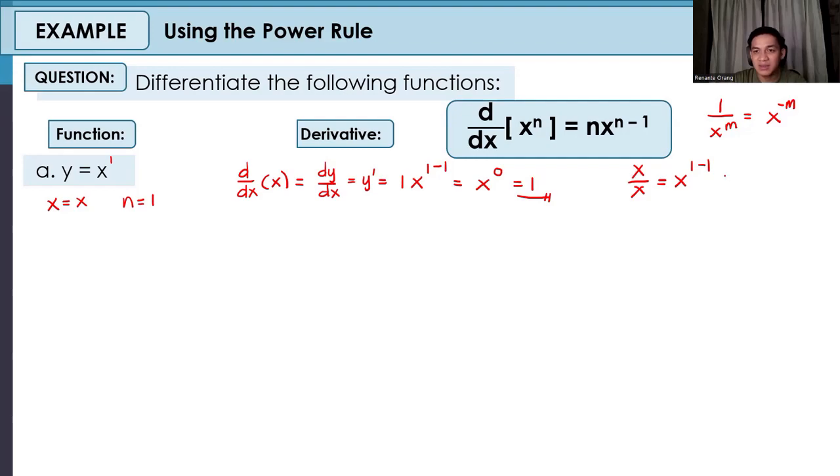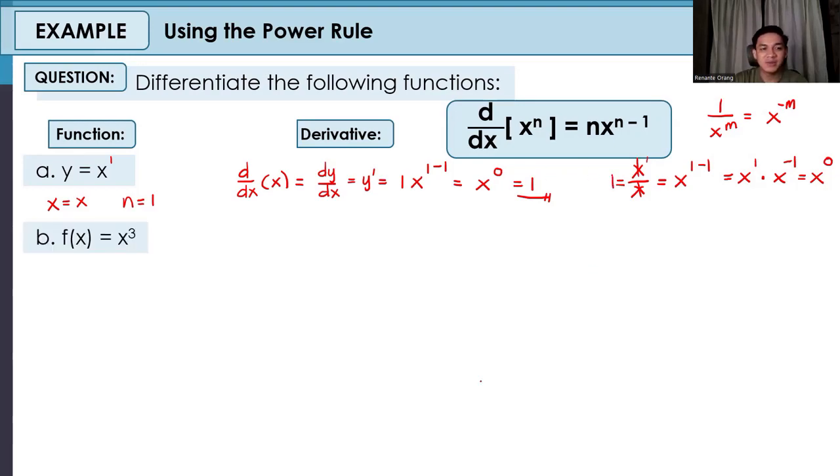So, ibig sabihin ito, x raised to 1, then ito lipat natin sa itaas, magiging multiplied by x raised to negative 1. So, magiging x raised to 1 minus 1. So, therefore, magiging x raised to 0. Or pwede ding cancel out, that is equivalent to 1. So, the same lang sa ating sagot.